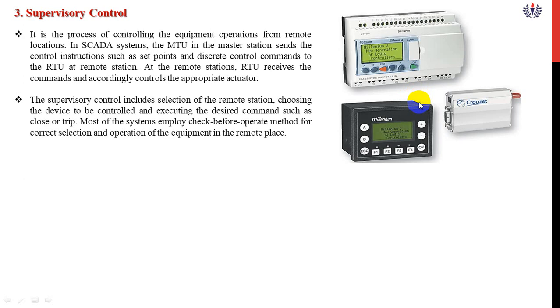And this supervisory control includes selection of a remote station, choosing the device to be controlled and executing the desired command, such as close or trip. Most of the systems operate from a checking point and in remote places.